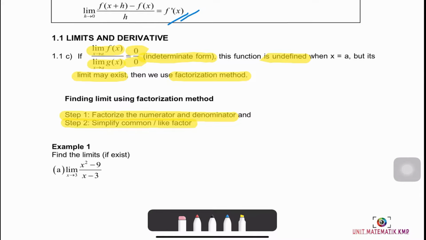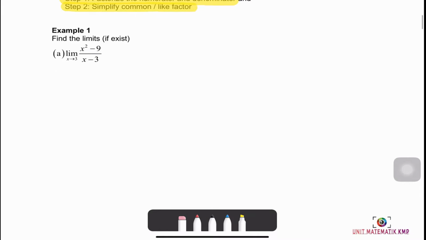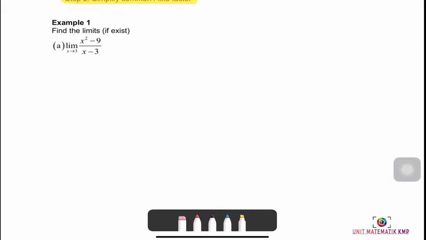So let's look at example 1. Find the limit, if it exists, of x squared minus 9 over x minus 3 when x approaches 3. How do we solve this one? We begin with substitution.